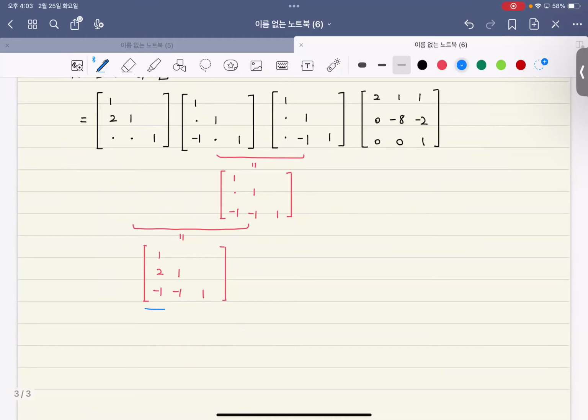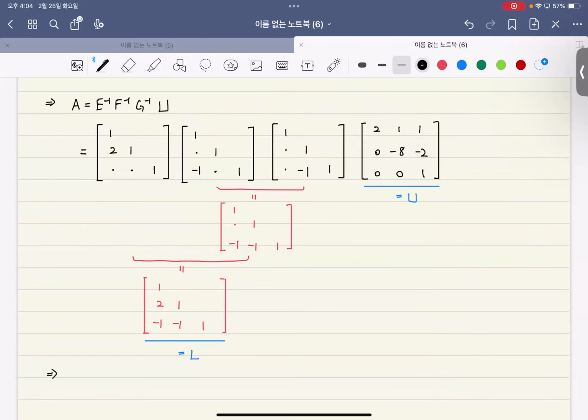I will denote this matrix by L and this matrix by U. So in other words, A is a product of L and U. So I was able to write down any given square matrix A as a product of a lower triangular matrix times an upper triangular matrix. And in particular, the diagonals of this lower triangular matrix are all ones, right? So this is some sort of factorization.